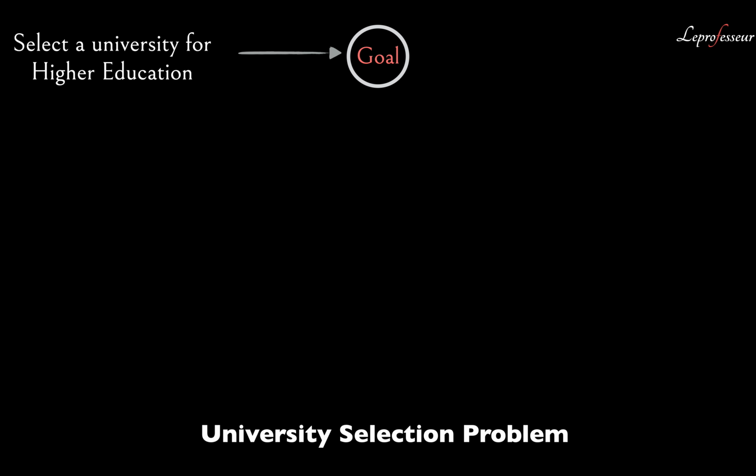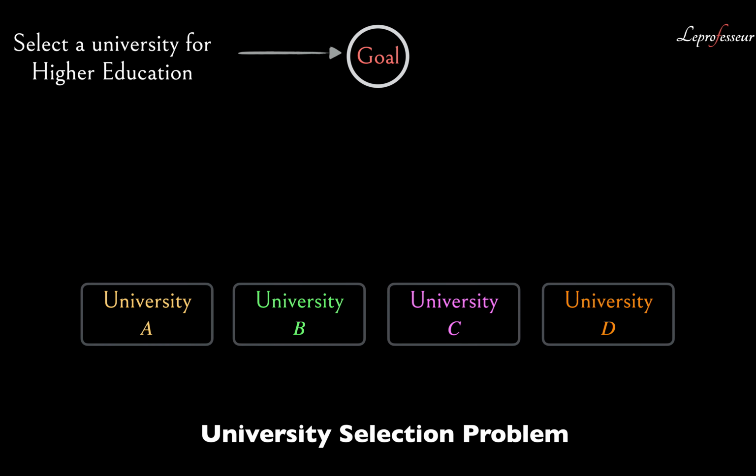That is our goal, that we want to choose one university. Let's say myself, I want to choose one university for PhD or for masters. That's my goal. Now I have, out of 10 universities, sorted it down to 4 universities, let's say.